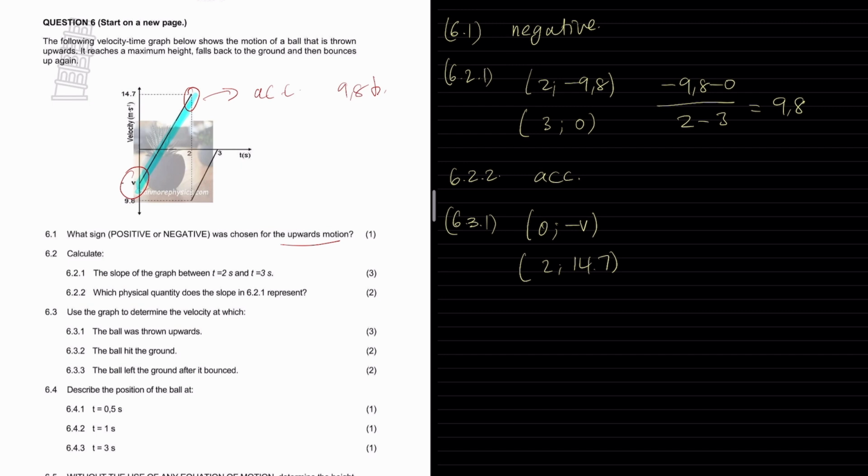I know the gradient is going to be 9.8 since the object is in free fall. So 9.8 is equal to minus v minus 14.7 over 0 minus 2. That means minus v is equal to minus 4.9. V is therefore equal to 4.9 meters per second upward.